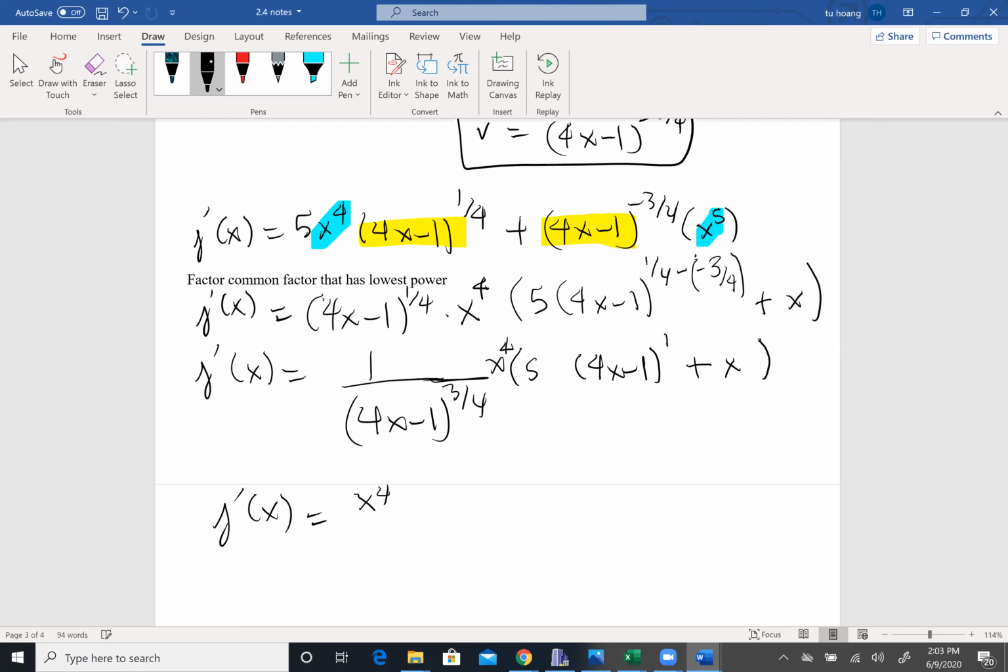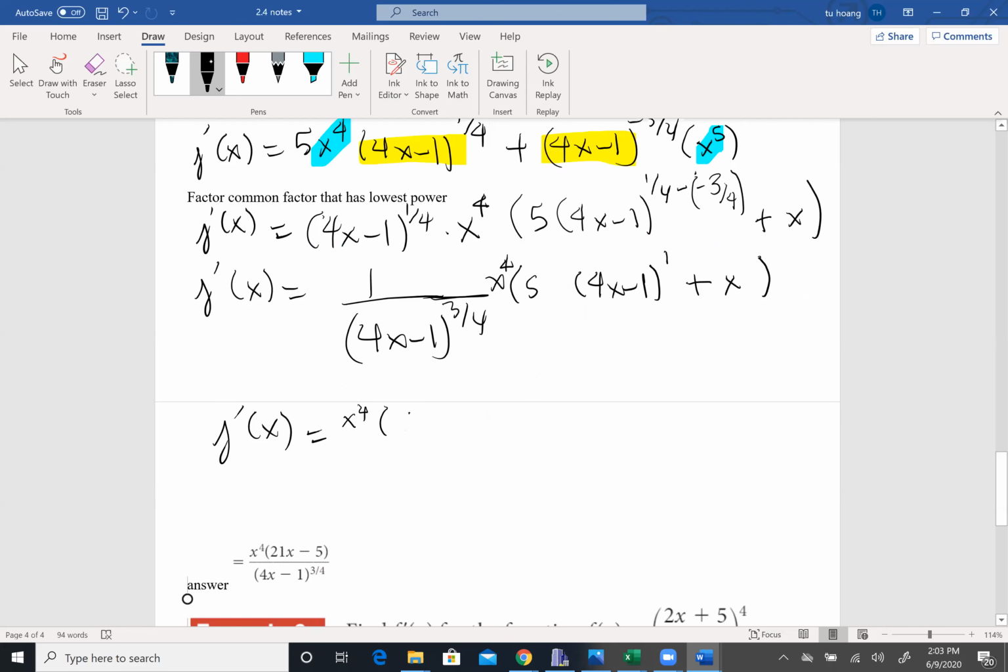Okay, now I can multiply everything and have x to the 4. Maybe I'm gonna have x to the power 4 multiplied by 5 times 4 is 20x minus 5.